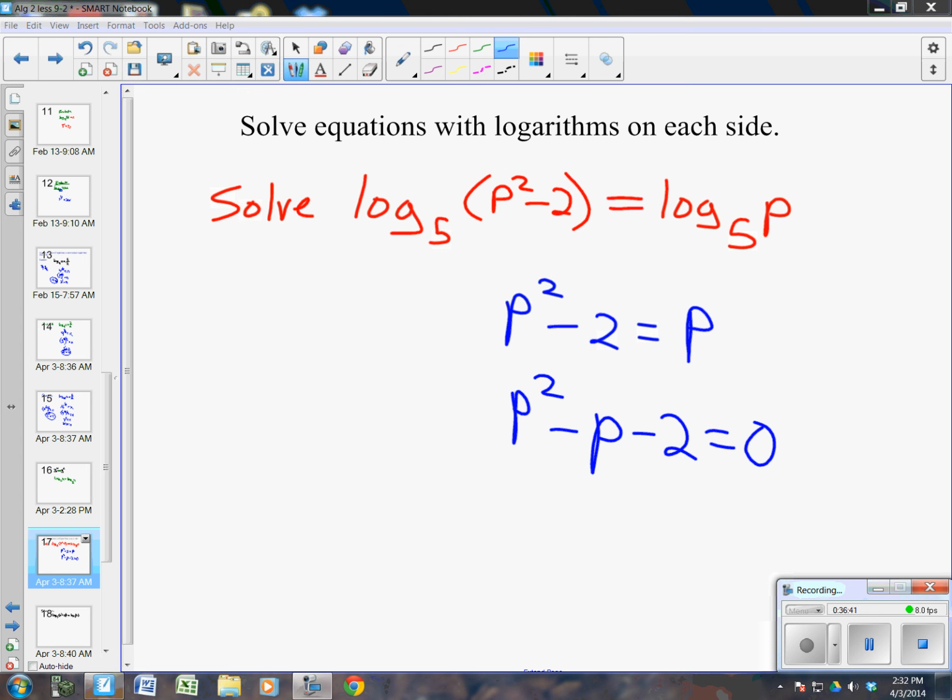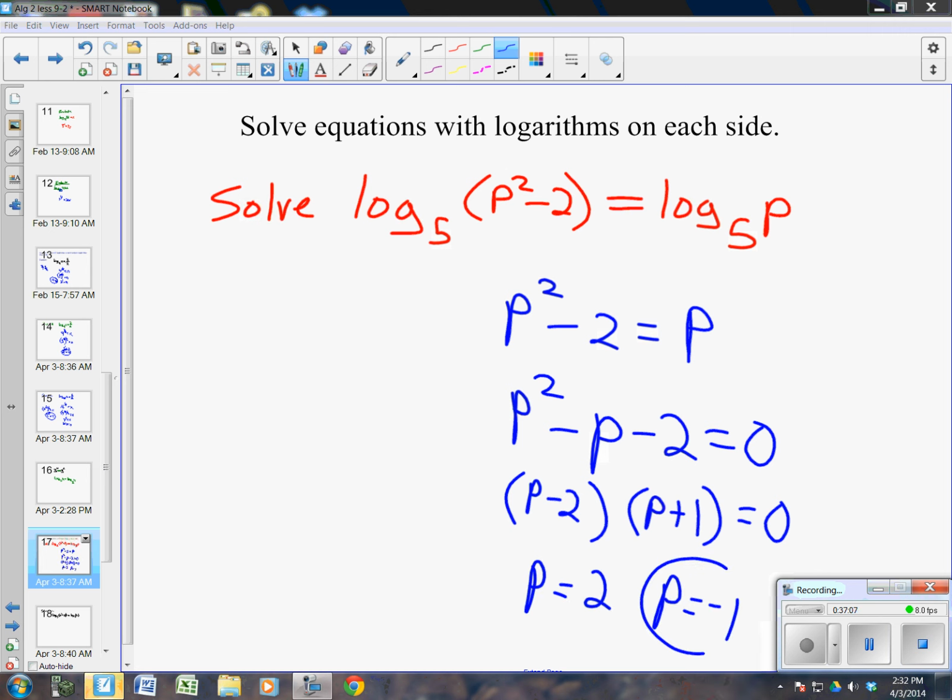Well, it starts off by setting it equal to 0, right? What does that factor to be? That's what it factors to be, right? 1 times -2 is -2. 1 plus -2 is -1, which is the middle term. And so the answer is 2 and -1, right?